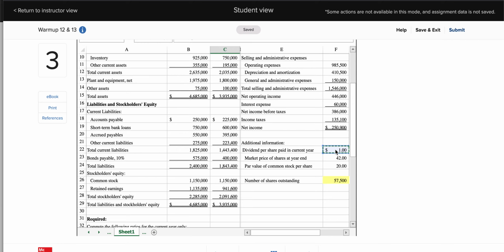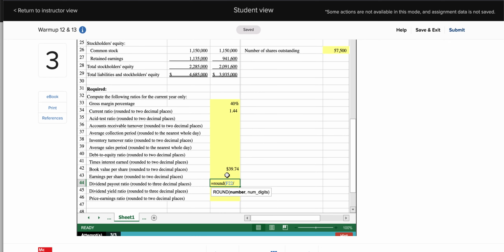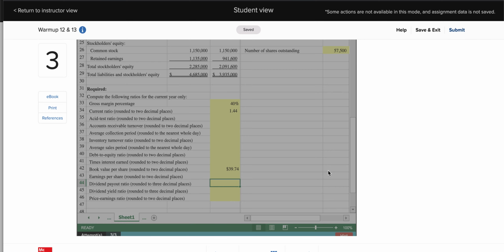And we want to divide that by, oh, I did need to drop in the earnings per share. It's going to give me an incorrect because this number is not here yet. So I'm going to have to drop that in.